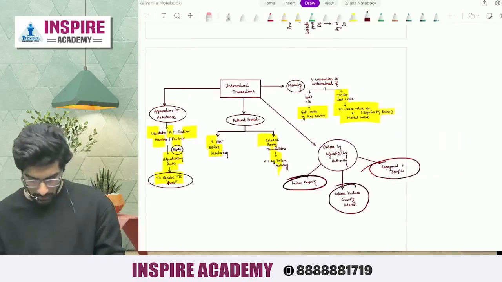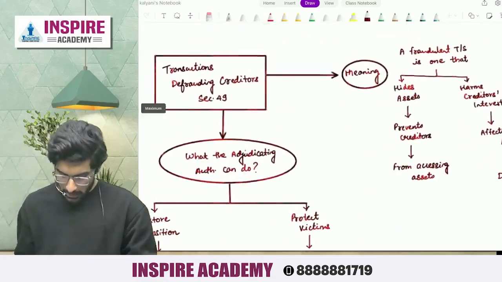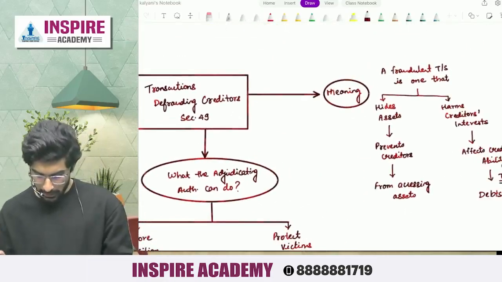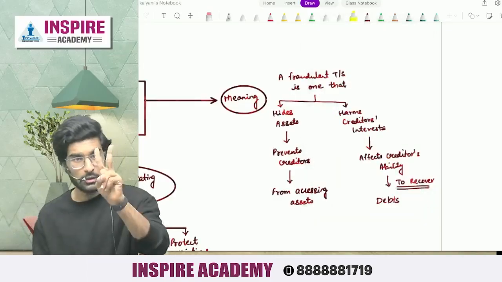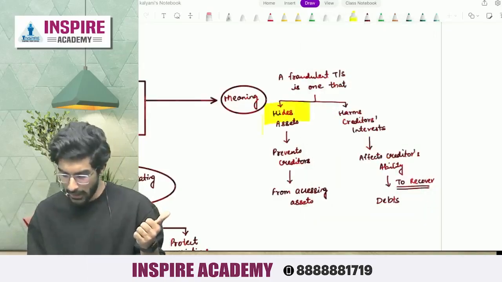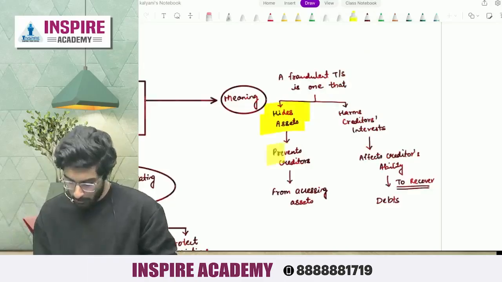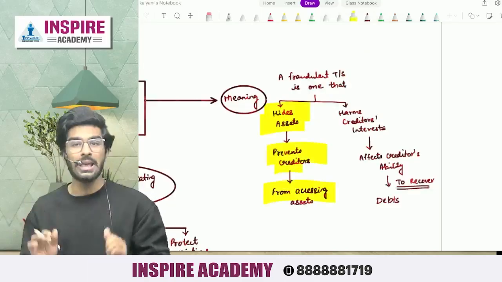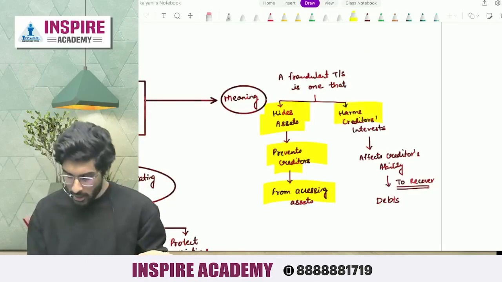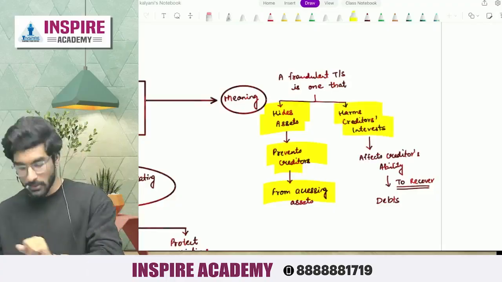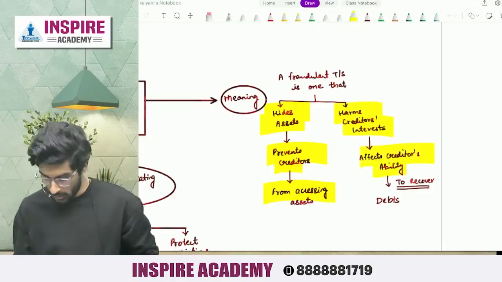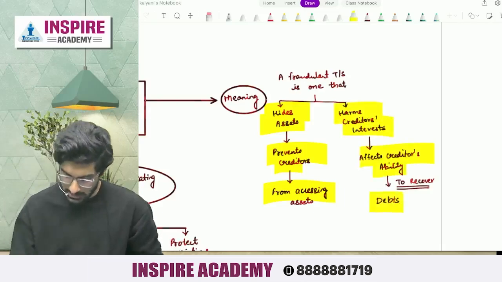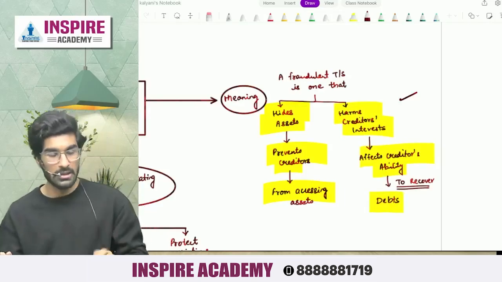Let's come back to the mind map. Transactions defrauding creditors. A fraud transaction is one that does two things. Either you are hiding the assets to prevent the creditors from accessing them, number one. Number two is you are harming the interest of the creditors, affecting their ability to recover debts. This is correct, people. Yes or no?